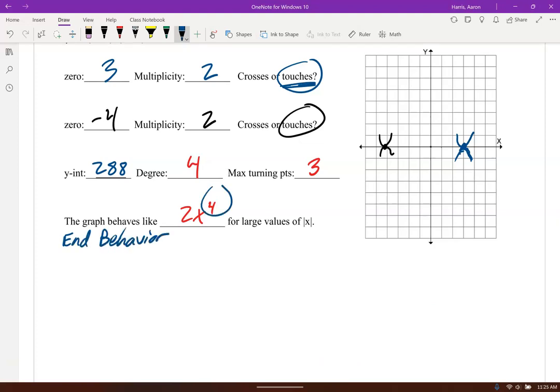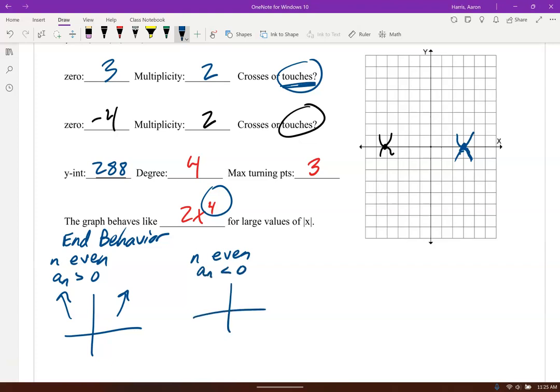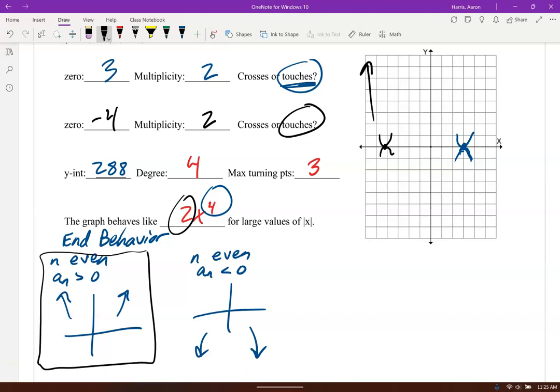Since it's an even degree, n is even, so think it's kind of like y equals x squared, positive x squared. It's either going to go like that, or if n is even and the leading coefficient is negative, then it would flip that over like negative x squared. Well, in this case, there's a positive 2 in front, so it behaves kind of like x squared. So this will go up to the left and up to the right.